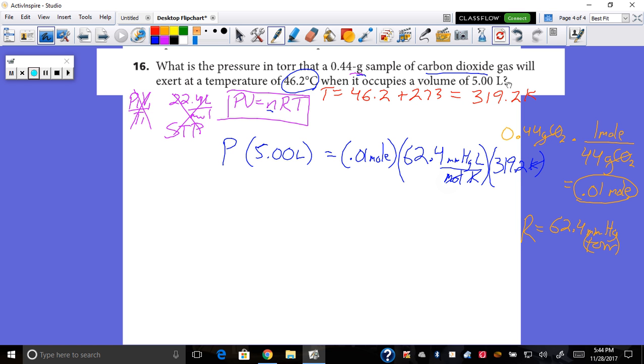Kelvins cancel, moles cancel, and then we're going to divide both sides by 5. So now liters cancel.